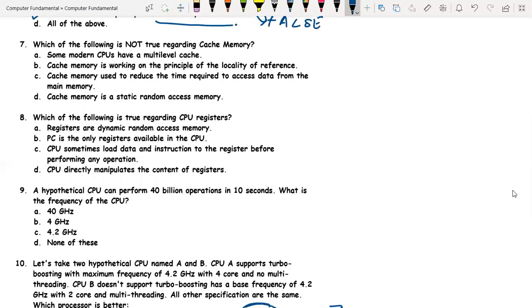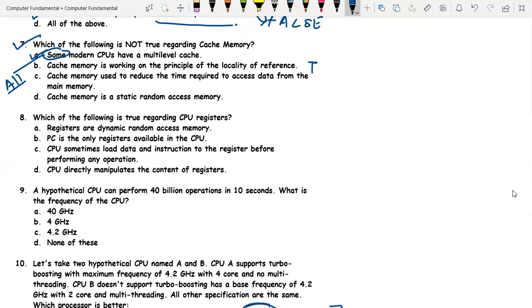Question number 7. Which of the following is not true regarding cache memory? A, some modern CPUs, is not true; instead of some, it's supposed to be all. Cache memory works on the principle of locality of reference, that's a true statement.